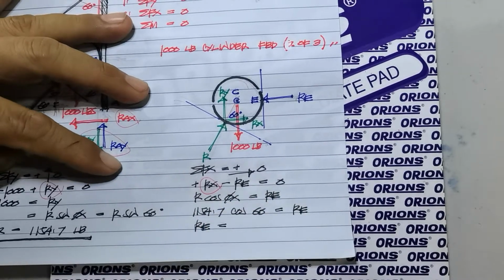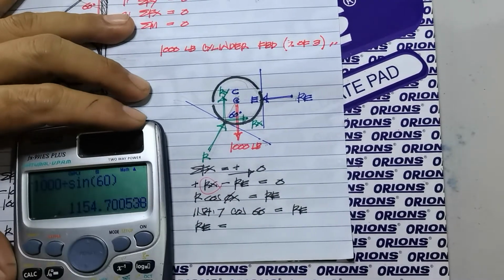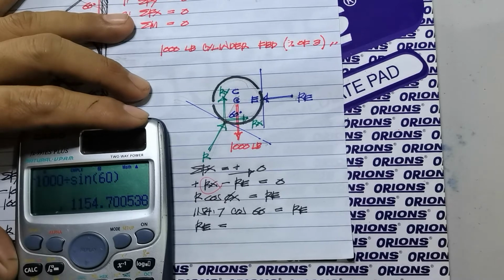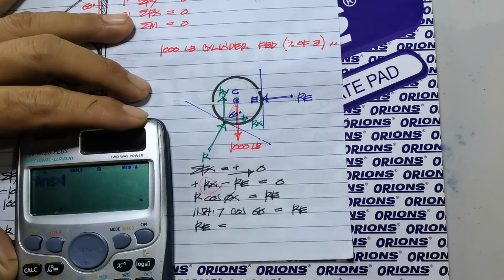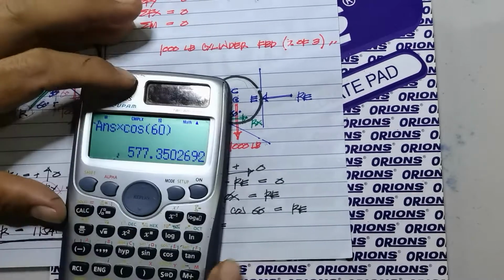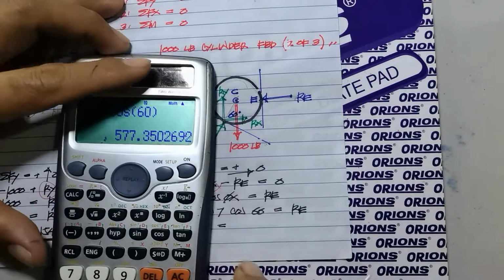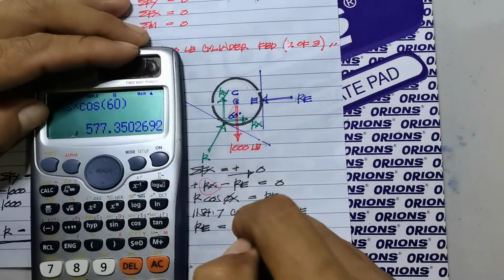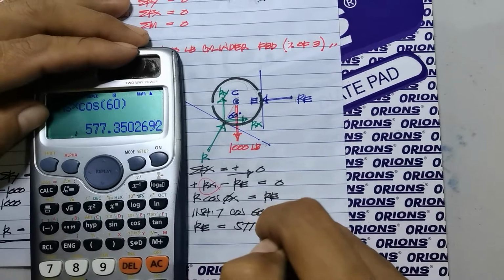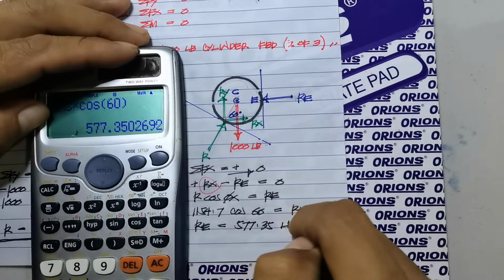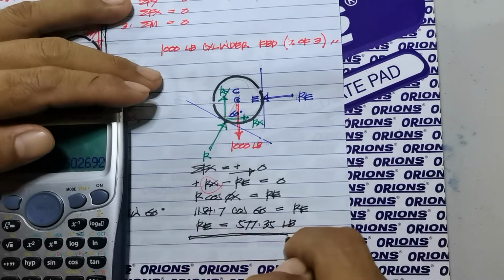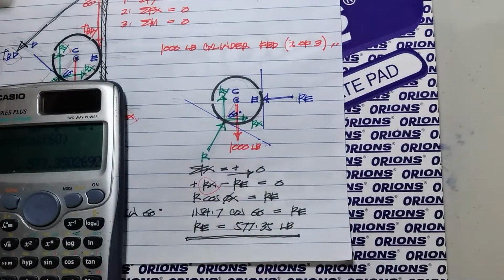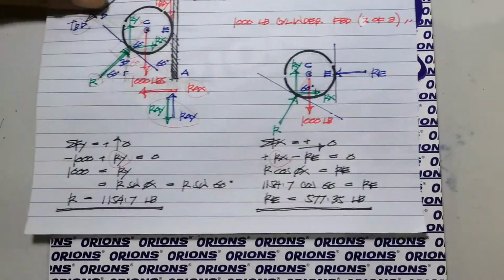So, compute na natin Re value, 1154.7 times cosine ng 60. So, you have 577.3535, 577.35 pound. Ayan. So, meron na tayo so far na R.